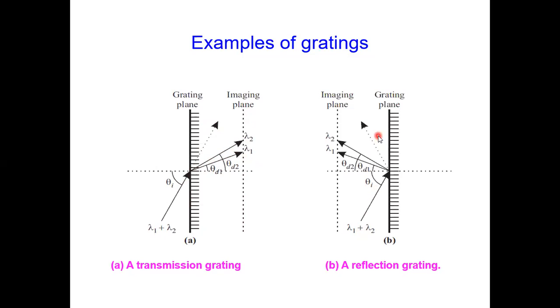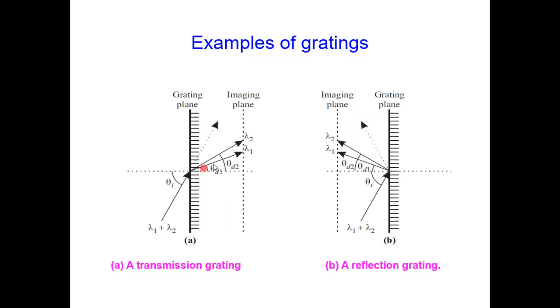A similar arrangement is called a reflection grating. Here also I have the grating plane, but here the light, after being separated into its constituent wavelengths, is reflected into the same medium. Then I can capture all these individual wavelength components and do whatever I want with this separated signal.